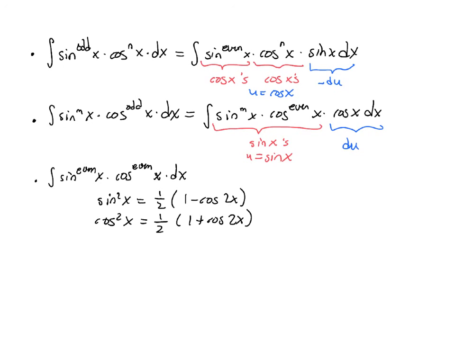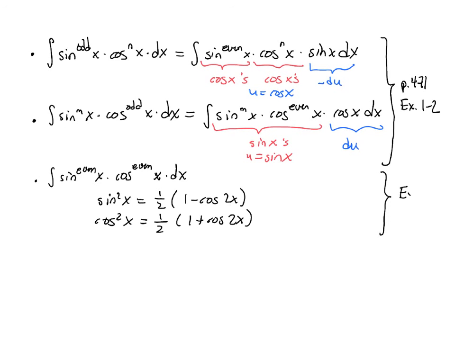Okay? So in the interest of time, I'll just point out that examples of these two cases can be found in the text in examples 1 and 2 on page 471. There are two nice examples of this form.